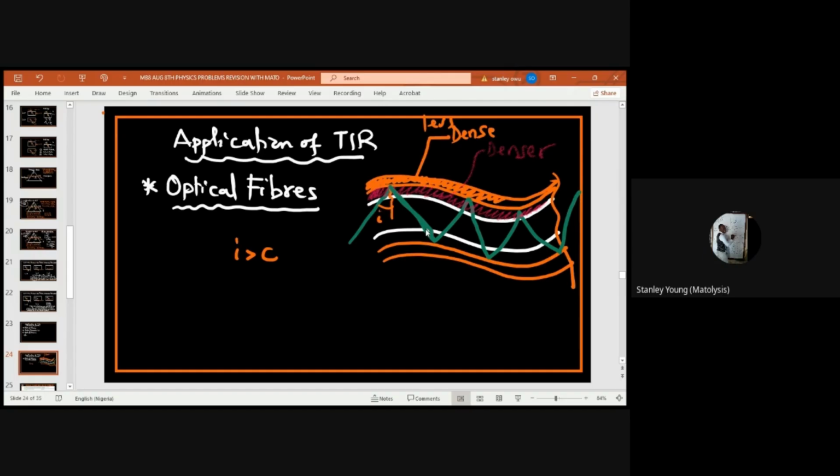Do you get that? So this is how optical fiber works. It's made up of flexible glass or flexible plastic that is coated by a material of lower optical density.